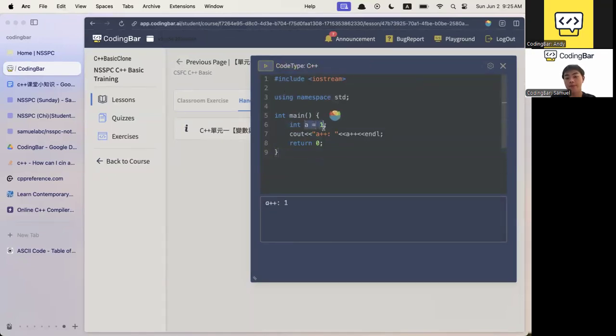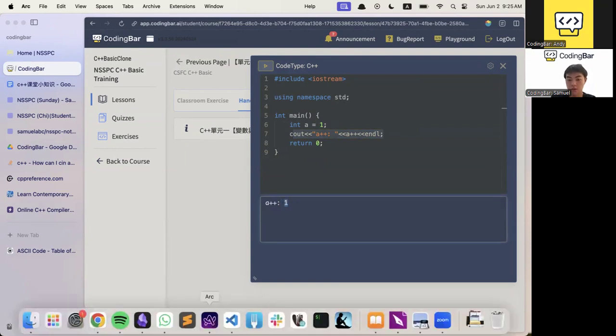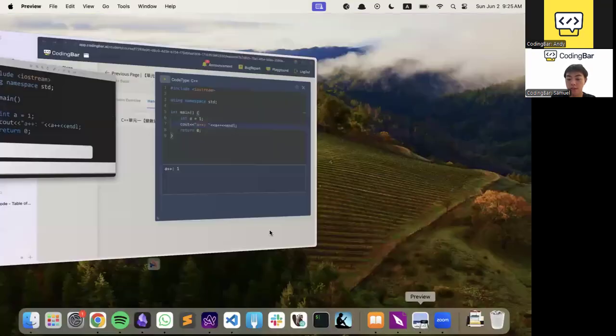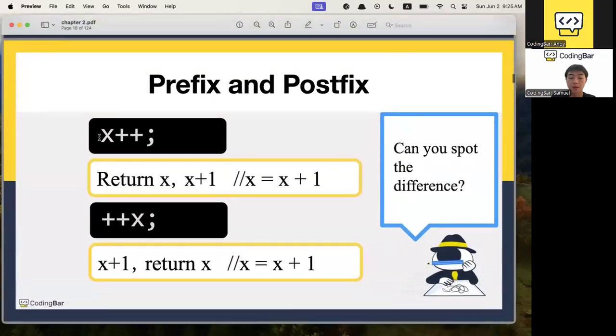A equals 1, and then we're trying to print out a++. So this prints out 1. Okay. So why does this print out 1? Because in x++, we return x first, and then we let x become x plus 1.